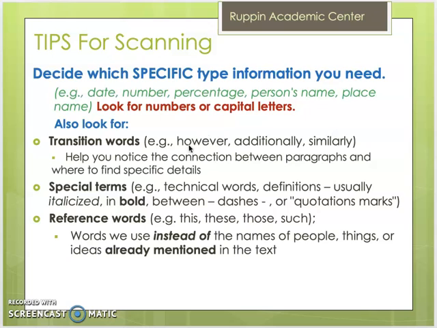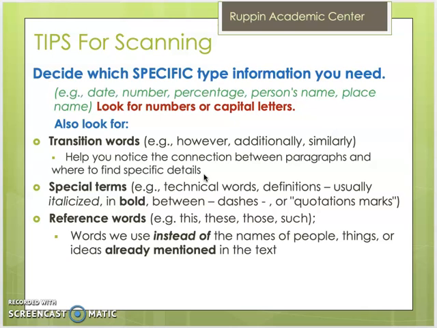Transition words would be like "however," which tells us that there's a contrast being talked about, or "additionally," which means there's going to be more information about the same thing, or "similarly," which is a comparison being made. These might give us clues as to where to find the specific details we're looking for.